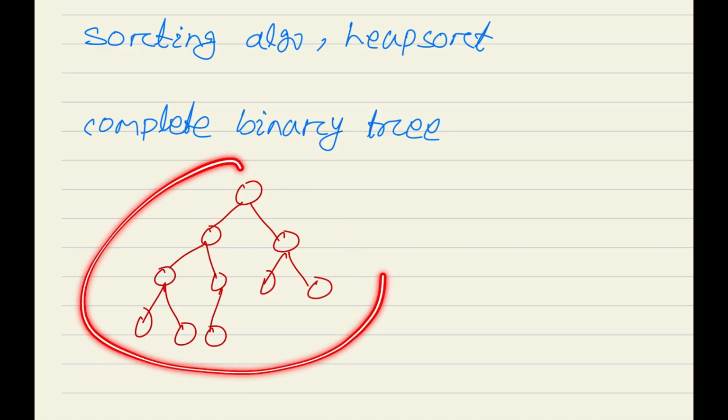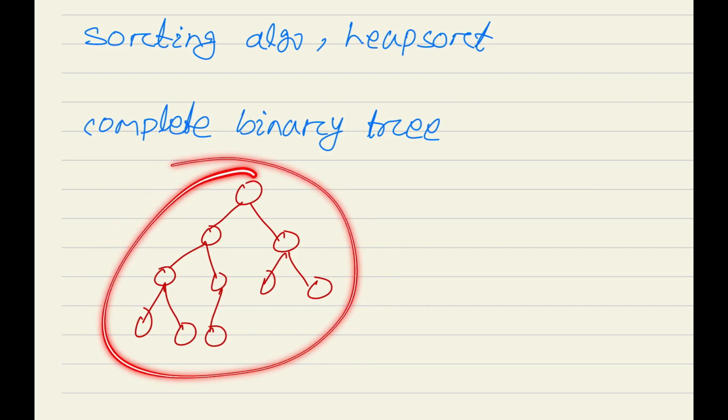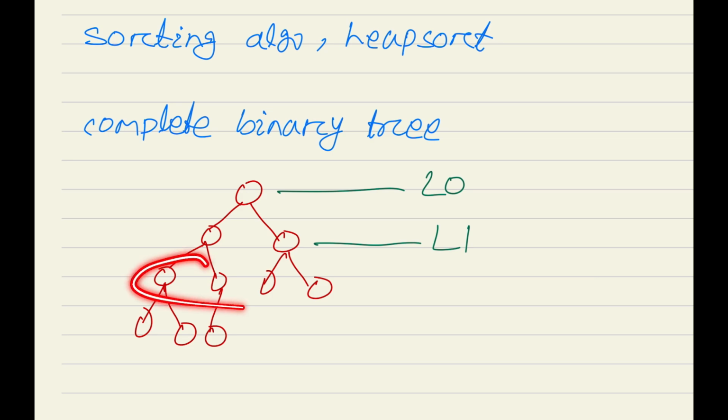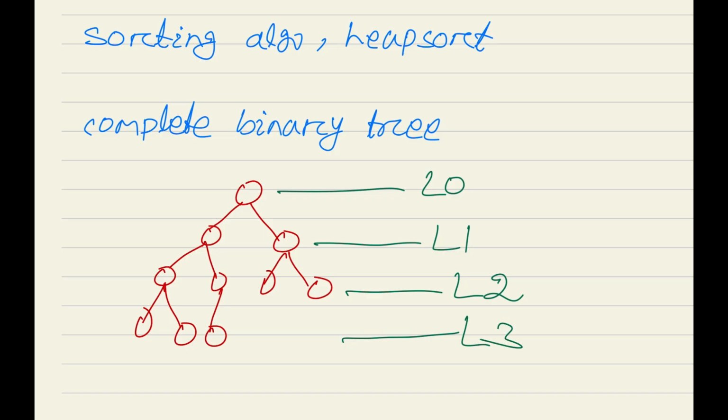This binary tree is a complete binary tree, because all the levels are filled except the last level. This is level 0, in short L0, this is level 1 and this is level 2, and these elements are level 3. Except level 3 all the other levels are completely filled.